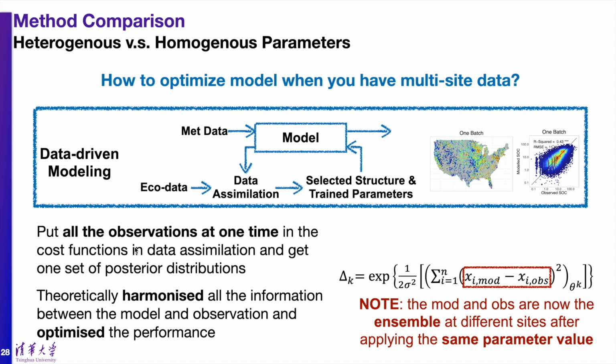In the batch data simulation, we put all the observations at one time in the cost function in the MCMC algorithm, and therefore get one set of posterior distributions. In theory, this method should harmonize all the information between the model and the data and optimize the model performance.